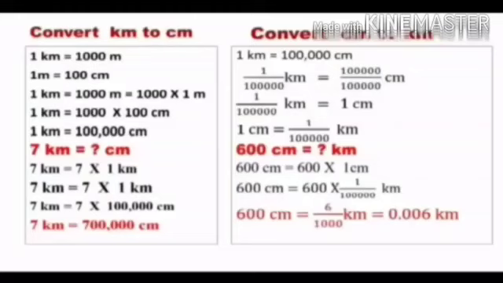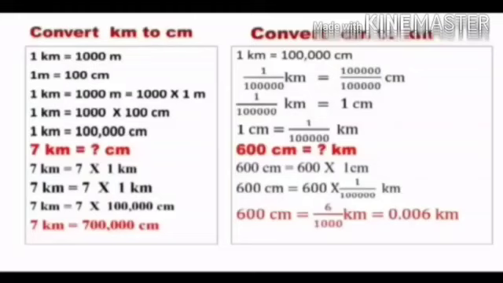We look at the conversion centimeter to kilometer. Now we know 1 kilometer is 100,000 centimeter. We need to know how much is 1 centimeter. To find 1 centimeter, we need to divide this expression by 100,000.